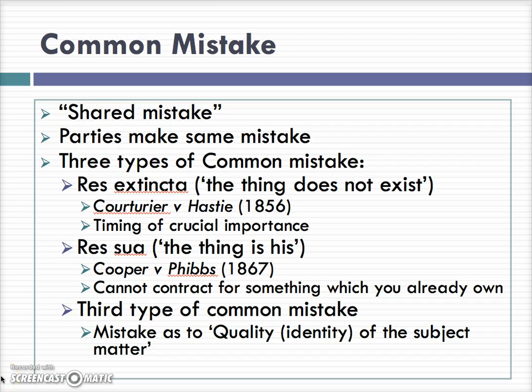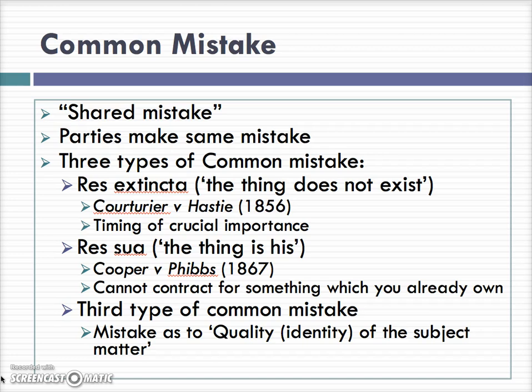What had happened was that the corn had gone off, and the captain of the ship had sold it to someone else just to get rid of it. So at the time of the contract, there was no corn to be sold. And the court said that meant that this was a situation of res extincta. The thing that the contract was about did not exist, and therefore the contract is void. Now, as you can see, timing is of crucial importance.